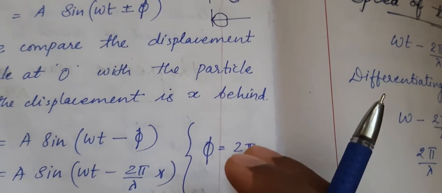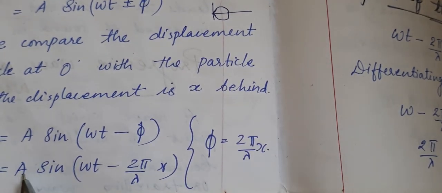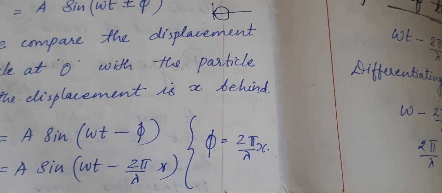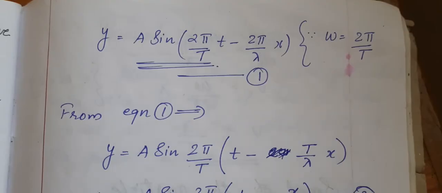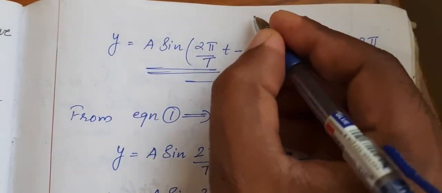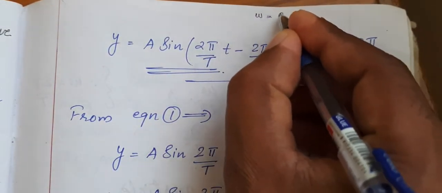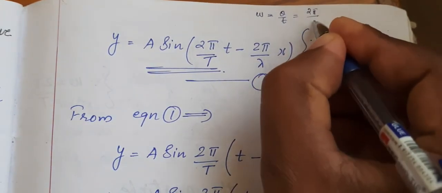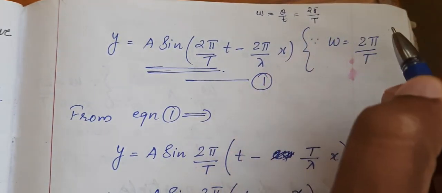So we can substitute this in y is a sine omega t minus, instead of phi we can give 2 pi by lambda x. And one more term, we had a term called omega, that can be expressed as 2 pi by T also. We had an equation like that, 2 pi by T.